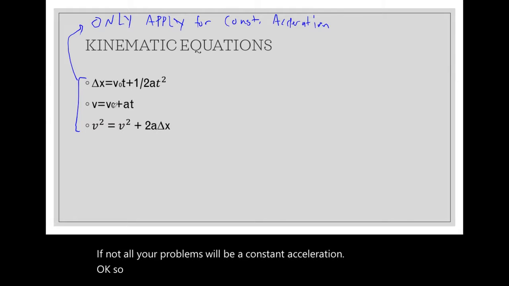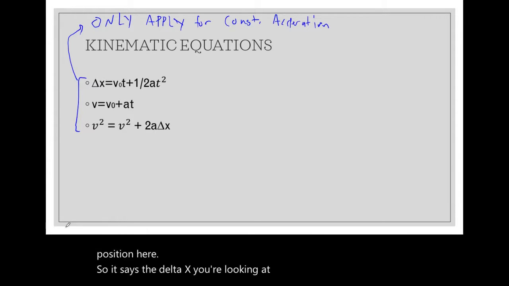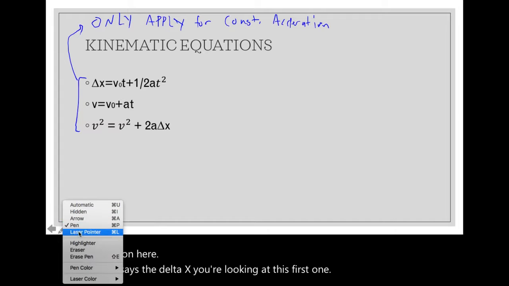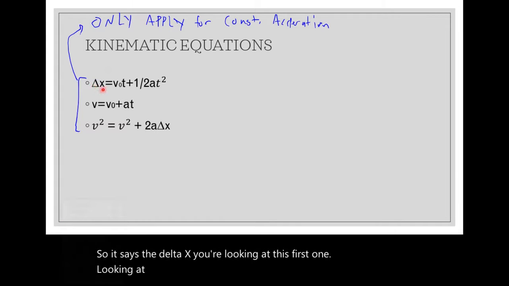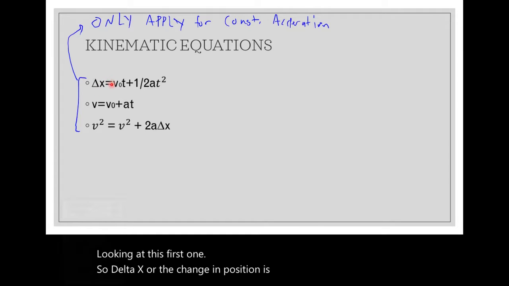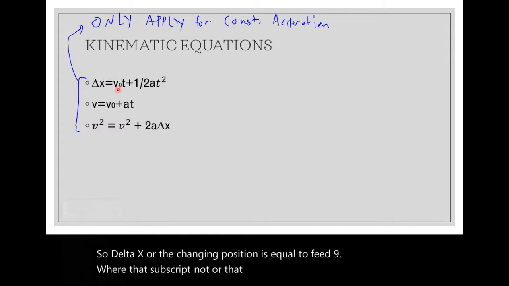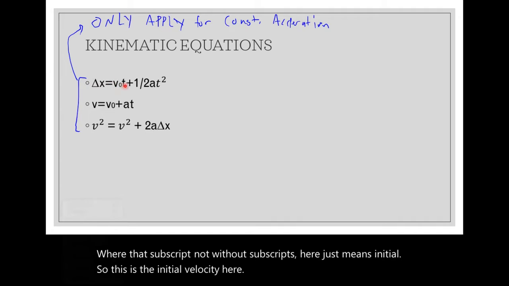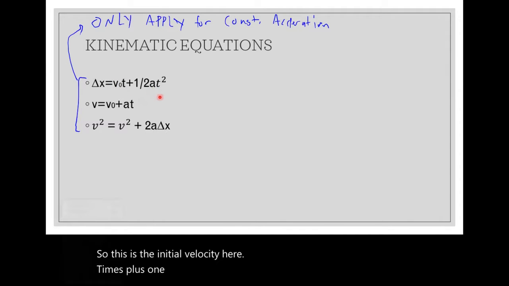Okay, so what do these equations say? Well, we've got an equation for position here. Looking at this first one, delta x, or the change in position, is equal to v naught, where that subscript naught just means initial, so this is the initial velocity, times time plus 1/2 a, for acceleration, times the time squared.